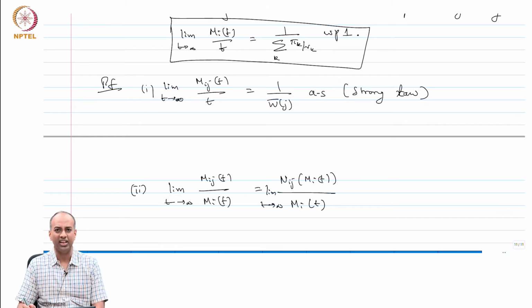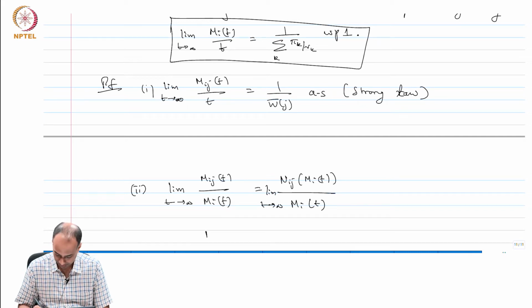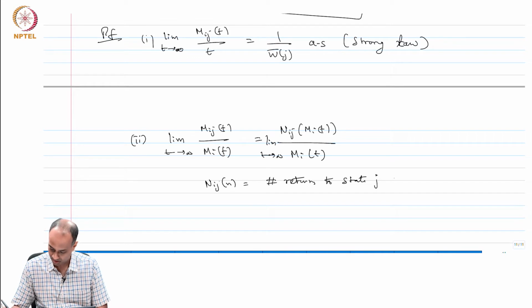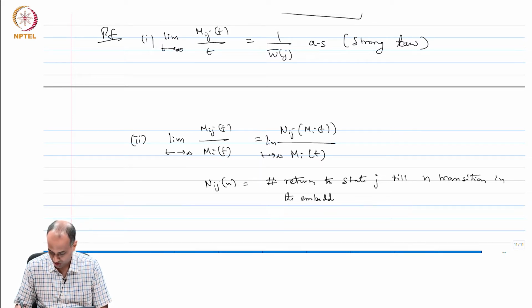Now, what is this Nij? Nij of n is equal to the number of returns to state j till n transitions in the embedded DTMC.